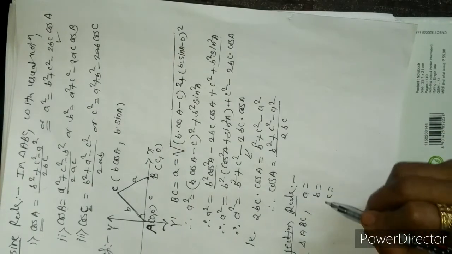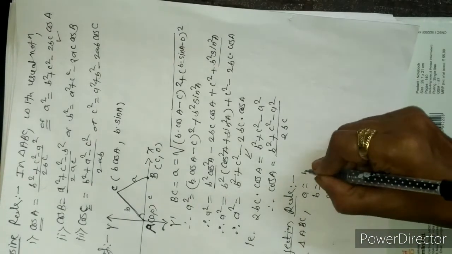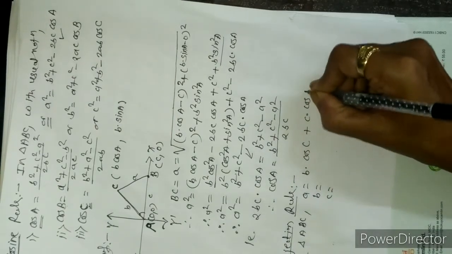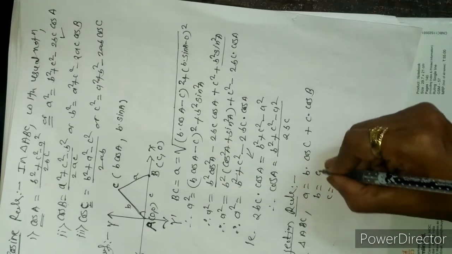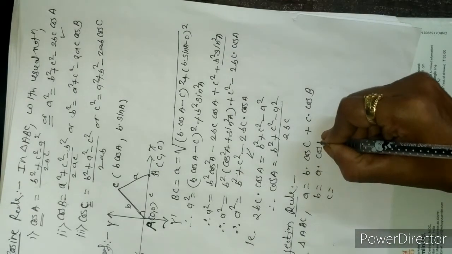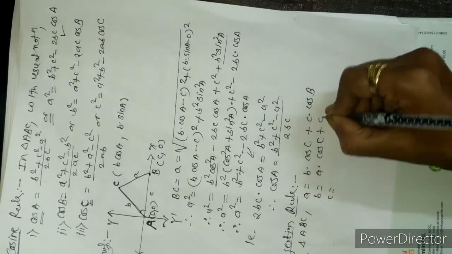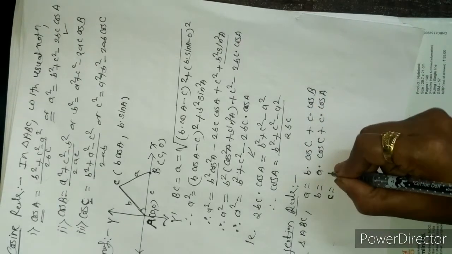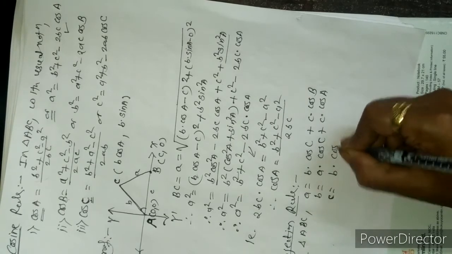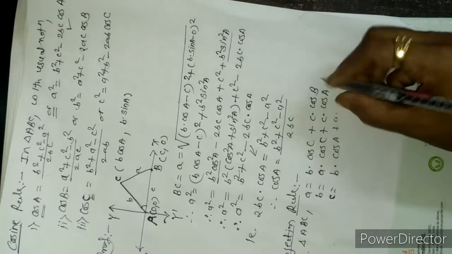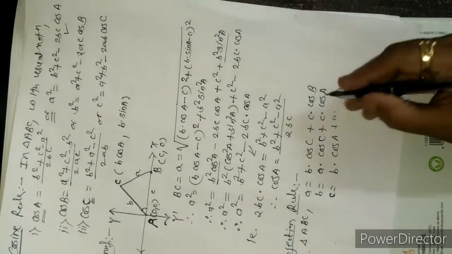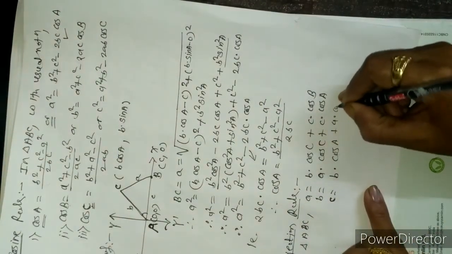Length of side A can be defined as B times cos C plus C times cos B. Or by symmetry, B is equal to A times cos C plus C times cos A. Or by symmetry again, length C is equal to B times cos A plus A times cos B.